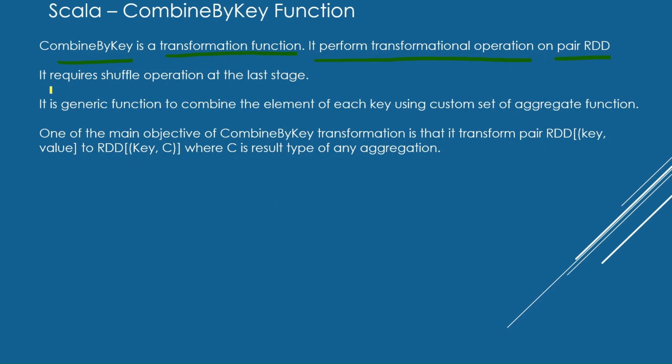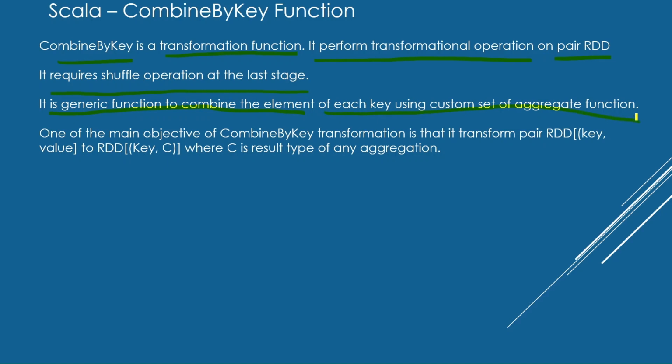It's a wider transformation, so it requires a shuffle. But the good thing about combineByKey is that the shuffle operation takes place at the last stage. It is a generic function to combine the elements of each key using a custom set of aggregate functions.